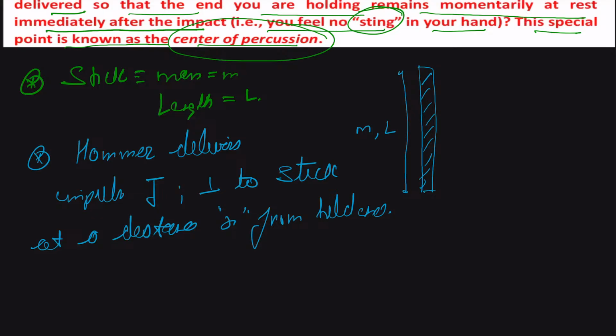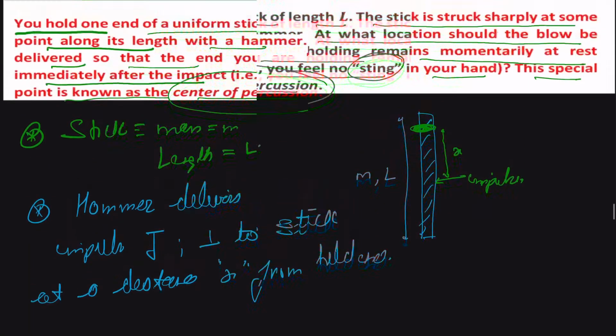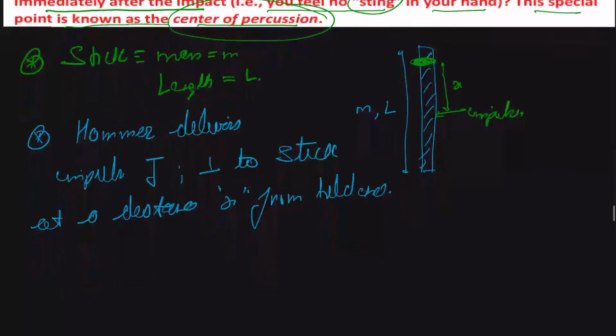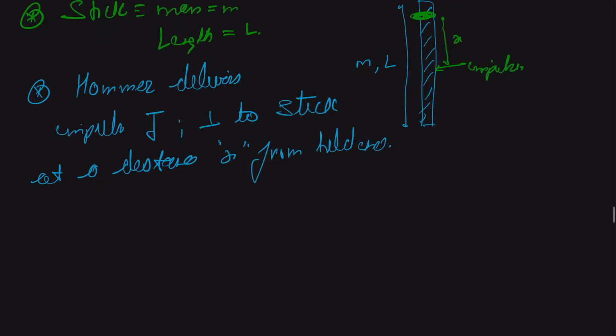Let us assume that we are holding the stick from somewhere here, and the impulse from the hammer is provided at distance x. So at this point is our impulse, and this is the holding point. Basically there should be no sting in the hand, or we can say the held end has zero velocity right after the impulse. This is the basic meaning of that.